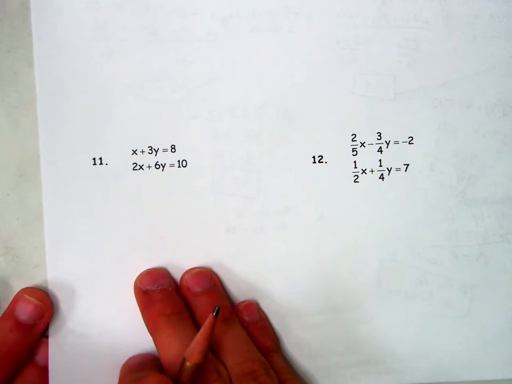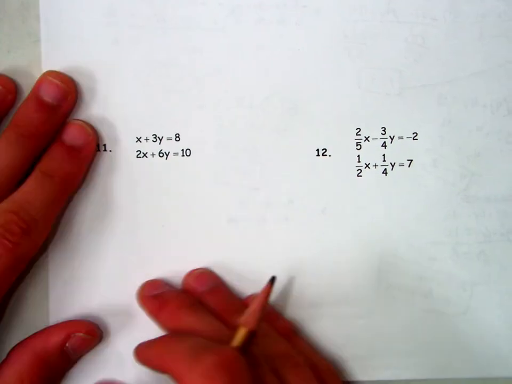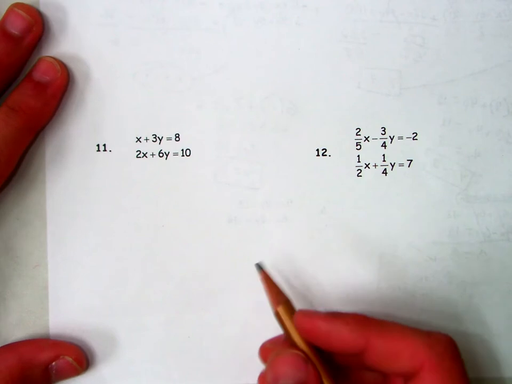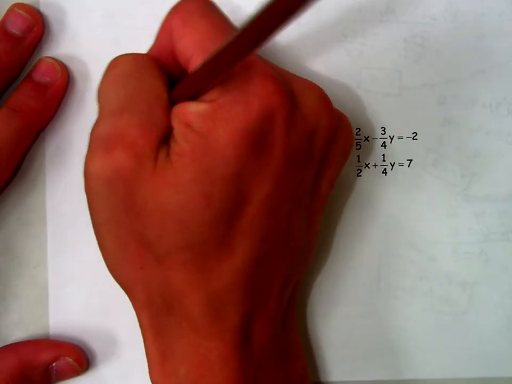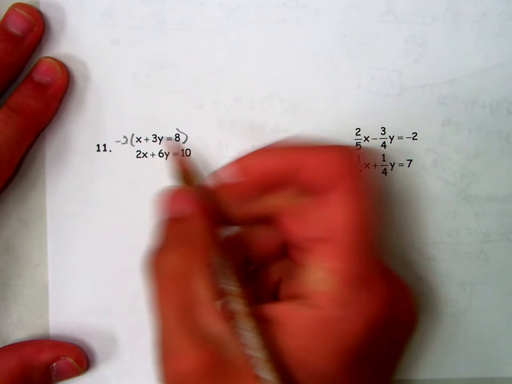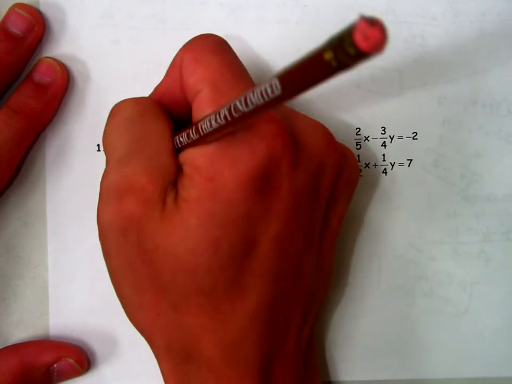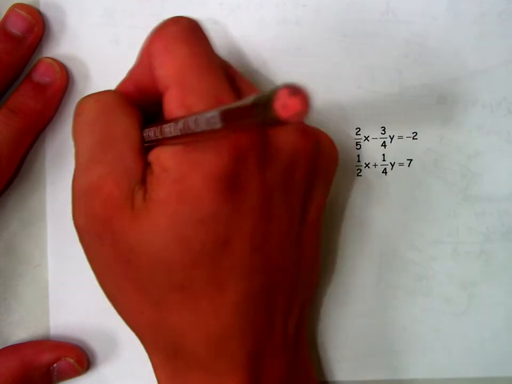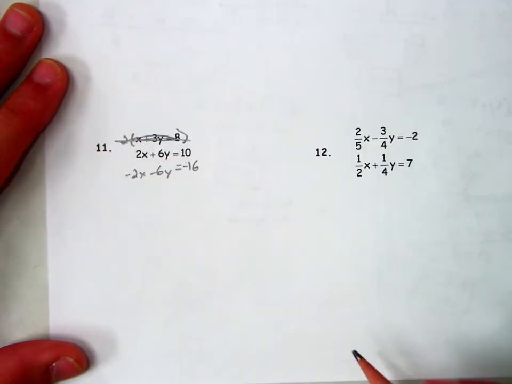There are some situations, from what I understood in class, this number 11 right here turns out to be a no solution. So let's go ahead and work that one real quick. I'm going to multiply the top by -2. So I'm going to have -2x minus 6y equals -16. So the top equation is pretty much done with.